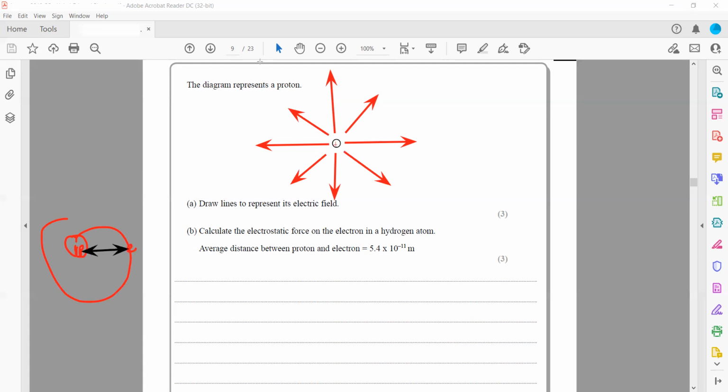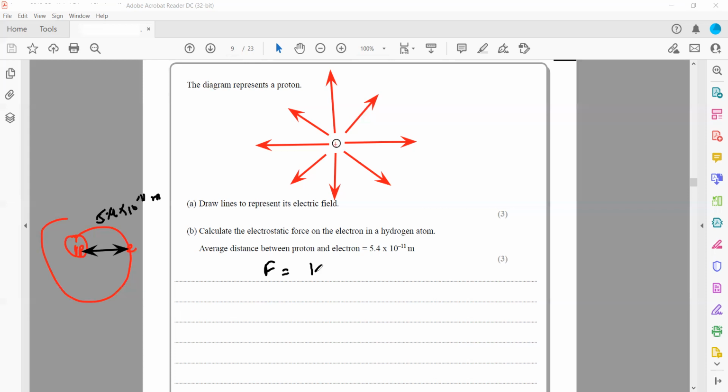The distance between them is 5.4 into 10 to the power minus 11 meter. If we want the force, it is given by a formula according to Coulomb's law.